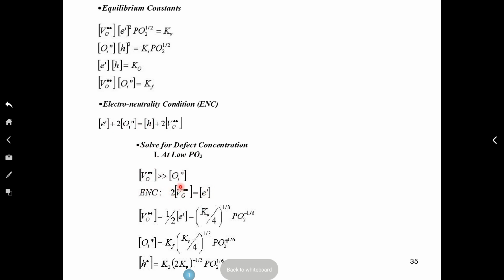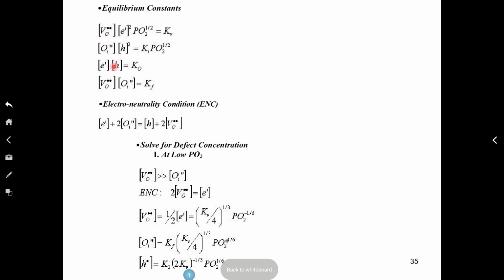Use this electron-neutrality condition, go back to each of these equations, and solve by eliminating. You can clearly see that in the first equation, you have 2 unknowns, oxygen vacancy and electron concentration, and the electron-neutrality condition will help you eliminate and will allow you to solve.